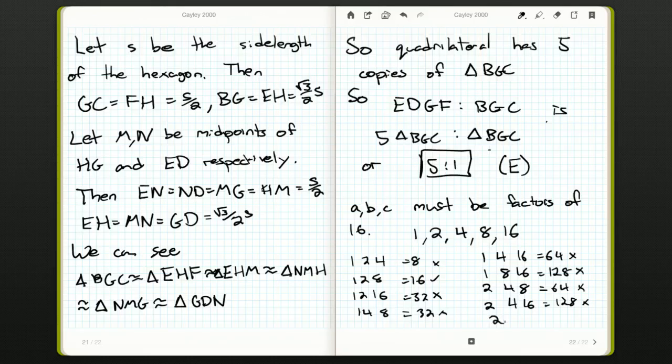We could have 2, 8, 16, and that's going to be 256, and that's too big. And then finally, we could have 4, 8, and 16, but that's going to be 512. So it looks like the only possibilities are A, B, and C must be among 1, 2, and 8.